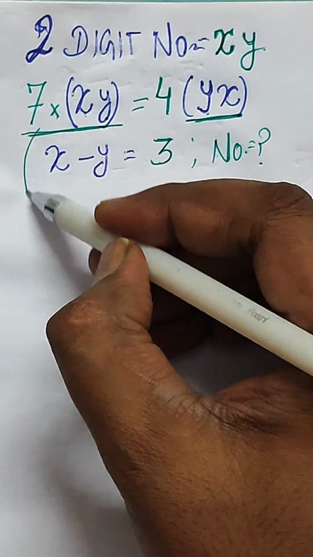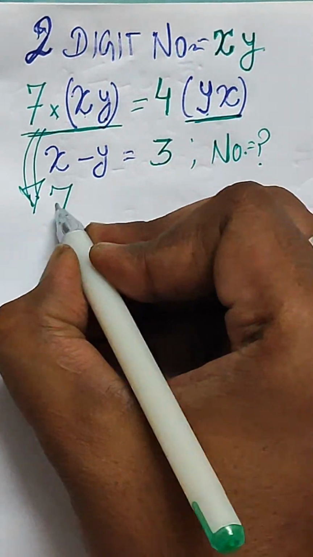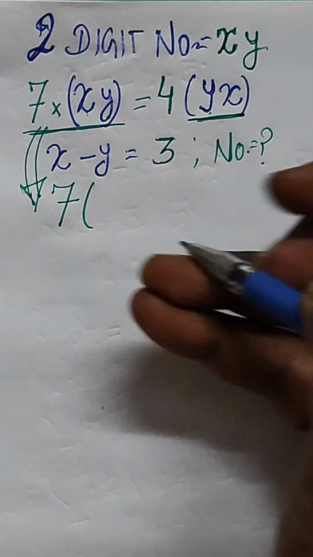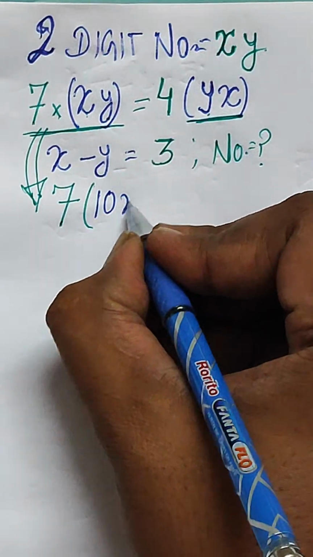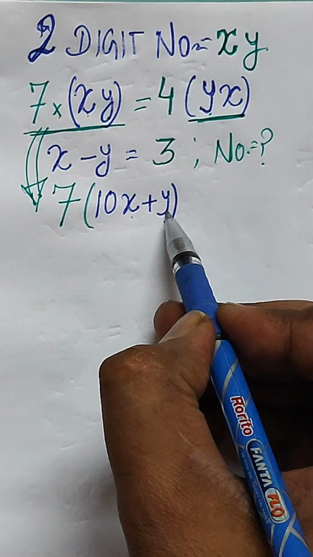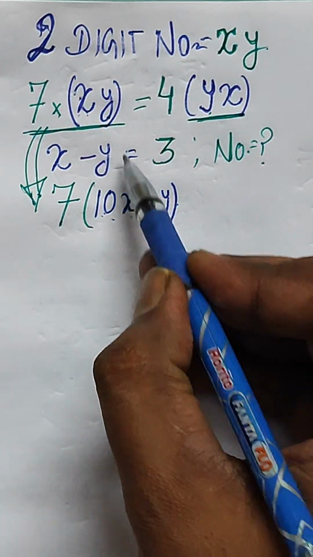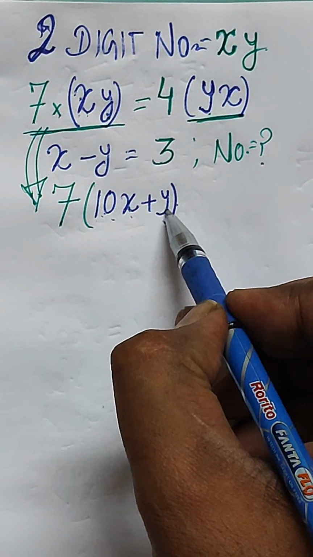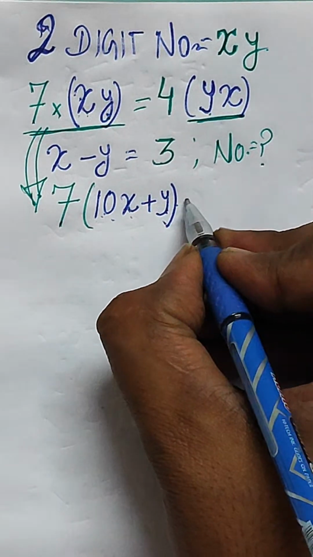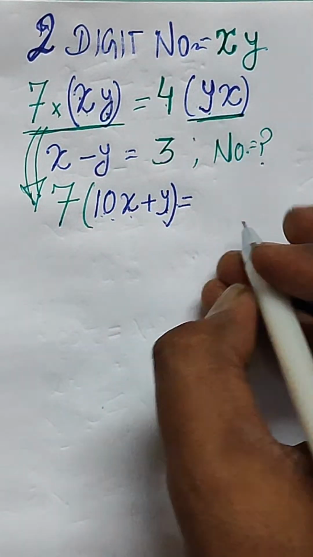So the above equation can be written like 7 times 10x plus y, just writing the place value, right? The place value of x is 10 times and the place value of y will be 1 time. So this is equal to 4 times yx.